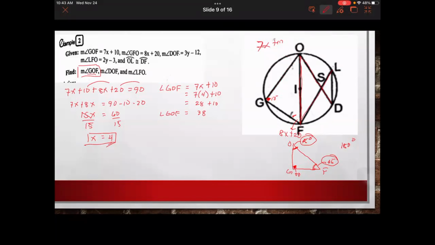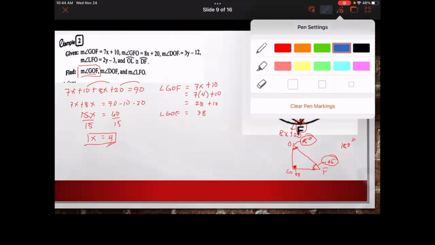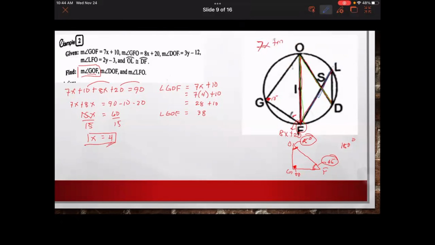LFO. For the DOF naman at saka LFO, since parehas sila ng kanilang vertex, which is F, not really F. So, ang tawag pala dito ay DOF at saka LFO. So, ito tingnan mo din ang kulay. DOF. Tapos, yung isa, LFO.